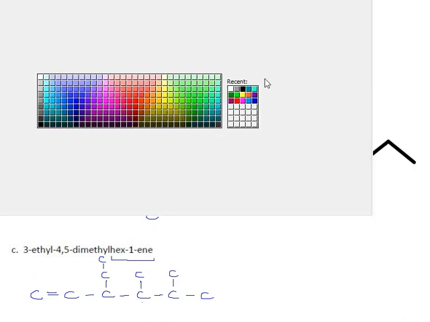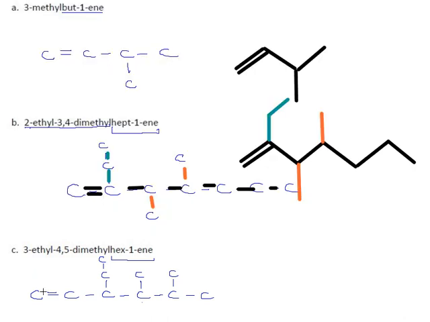Okay, so how do we build this? All these bonds are the primaries, so we start with the double. 1, 2, and then 1, 2, 3, 4 singles after that. 1, 2, 3, 4.